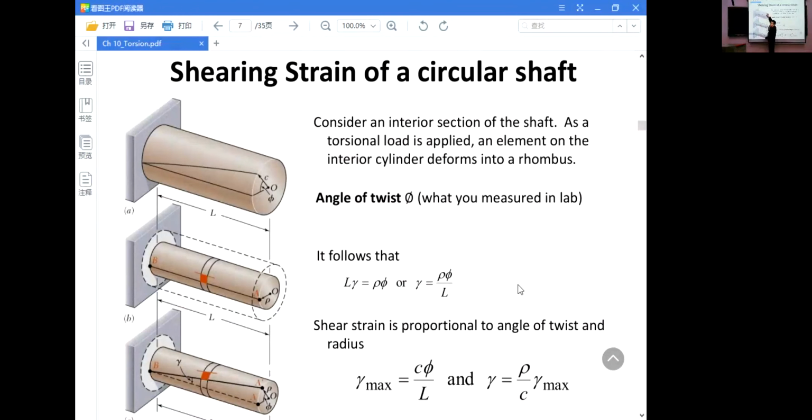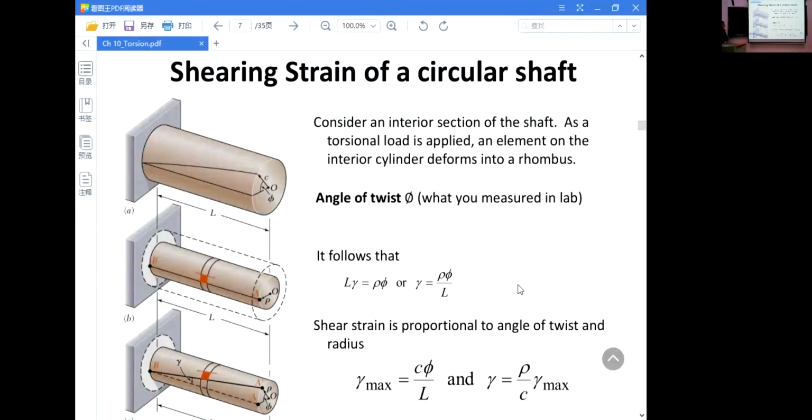The distance, radius, is the distance from the point to the centroid of the cross section. Understand? So we know, suppose this is the cross section, O prime, P prime.